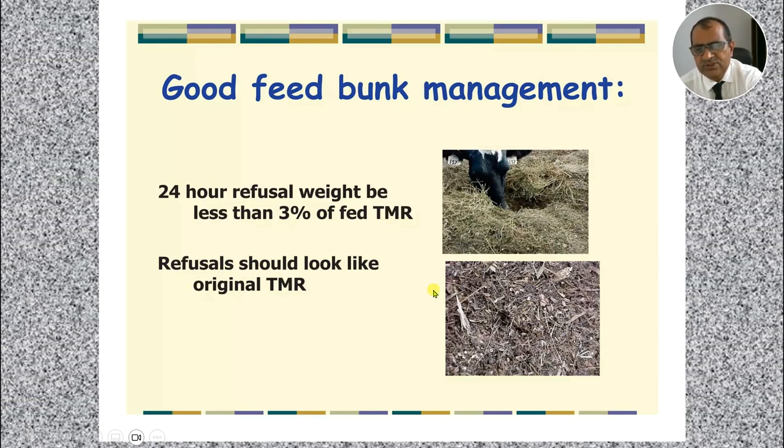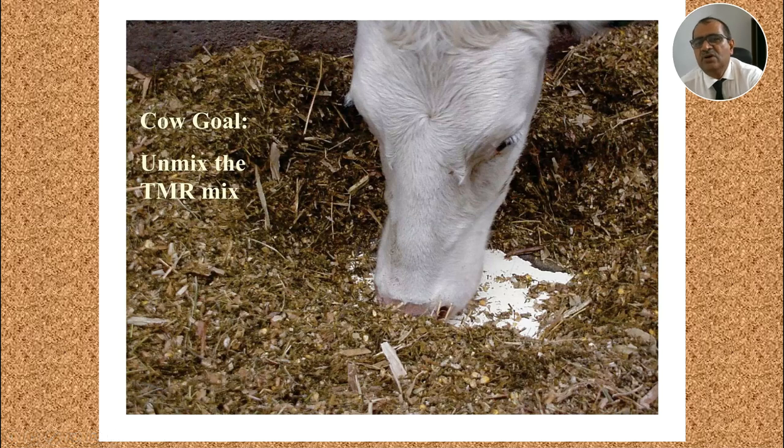Then refusals should look like the original TMR, even the refusals. Especially to achieve good feeding in a cow, you need to avoid unmixed TMR.